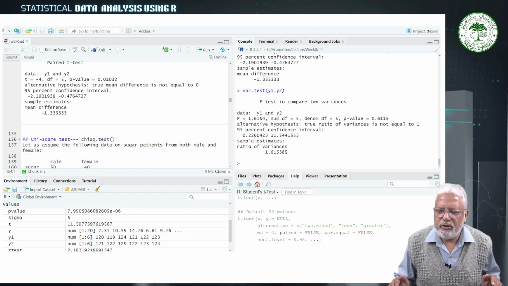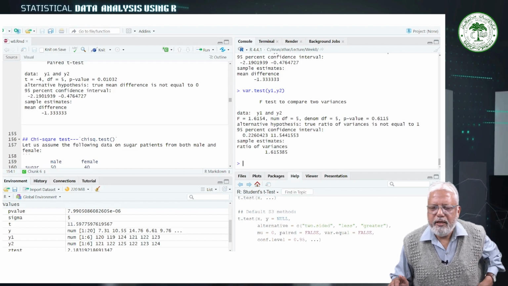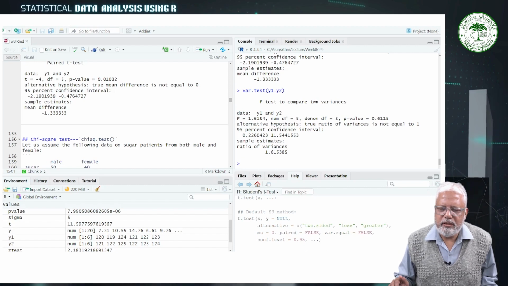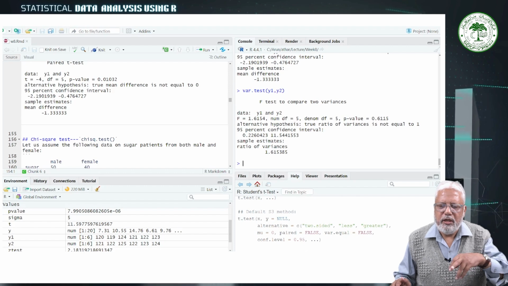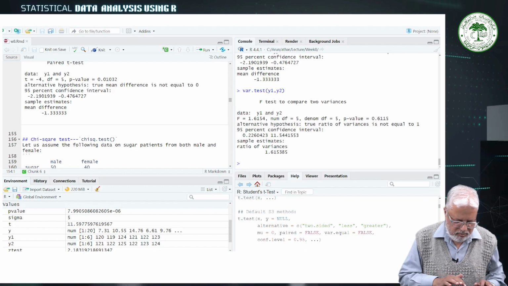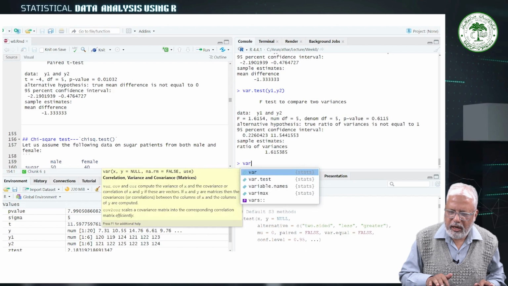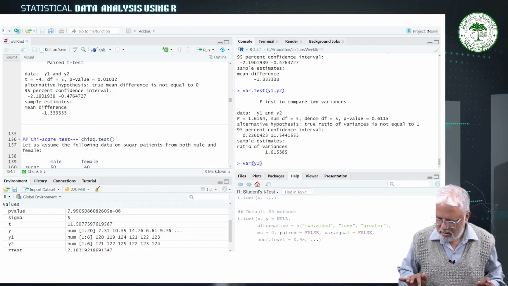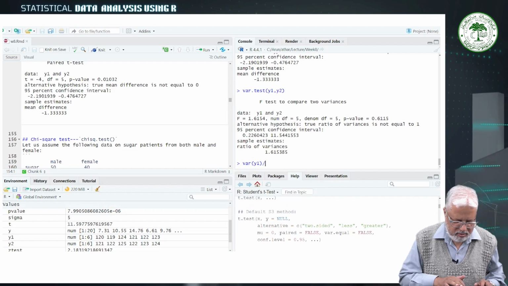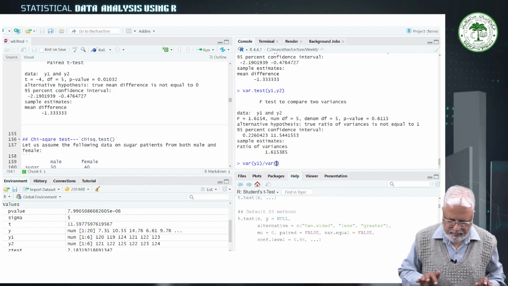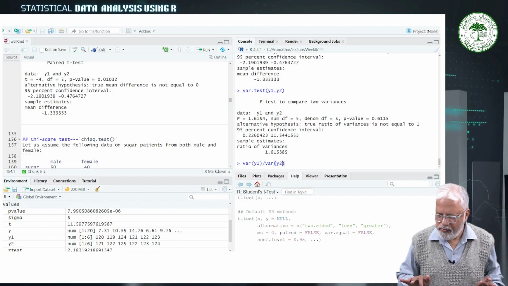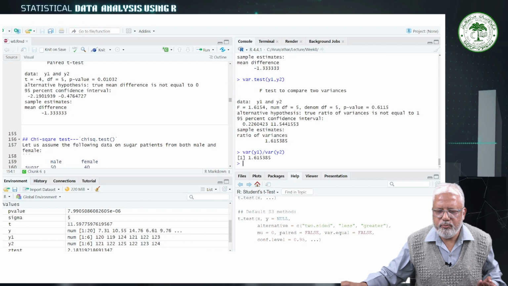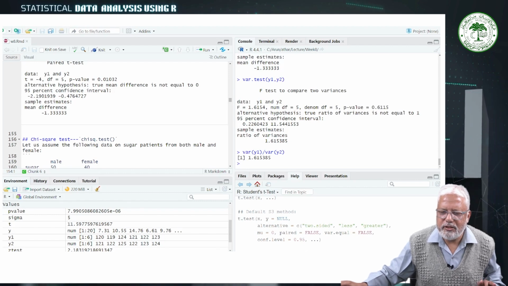The value of F statistic is nothing but var of y1 divided by var of y2. So, this is 1.61, which is the value of F statistic.